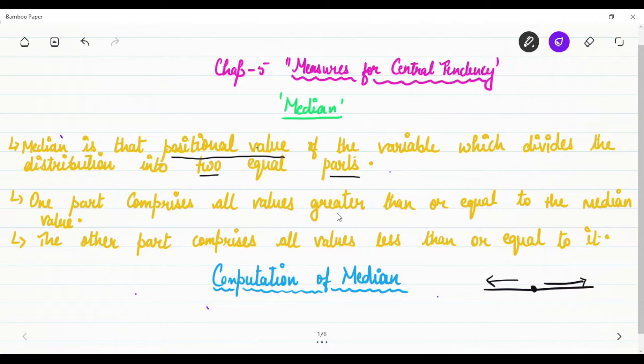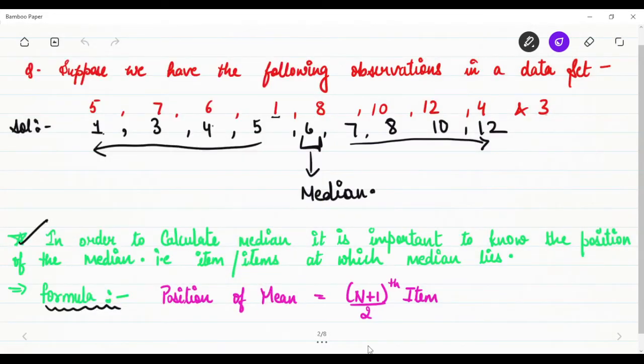This we can easily understand with the help of this example. Here we have been given observations which are unclassified. If we want to calculate the median, we have to arrange the data in ascending order. As you can see, we have been provided unclassified data, so first we need to arrange it in ascending order: 1, 3, 4, 5, 6, 7, 8, 10, 12.